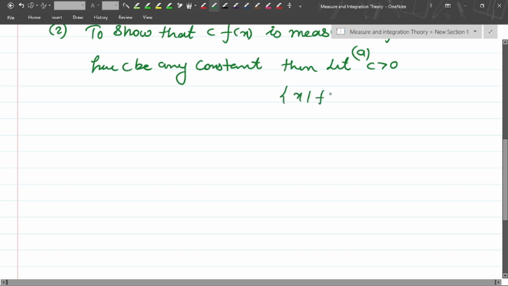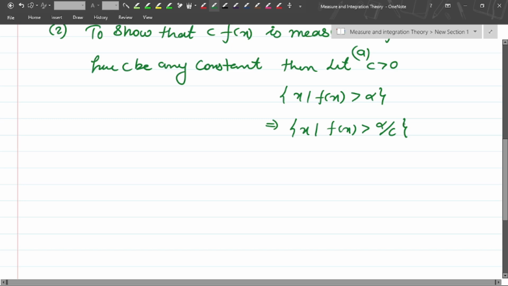The set of x such that c into f of x is greater than alpha is the set of x such that f of x is greater than alpha upon c, if c is greater than 0.